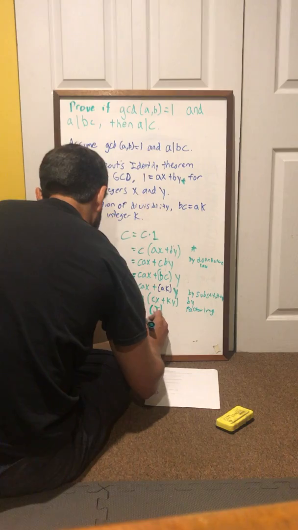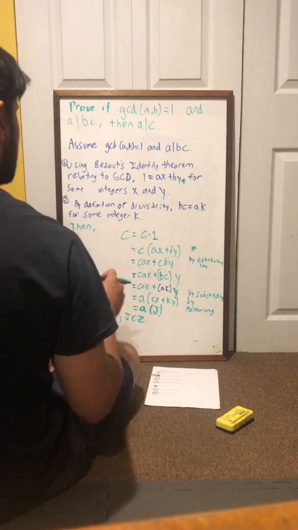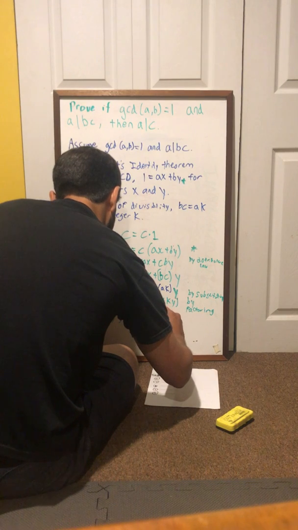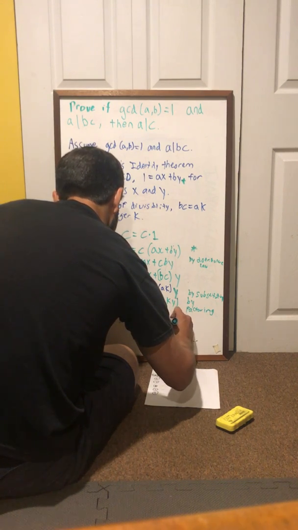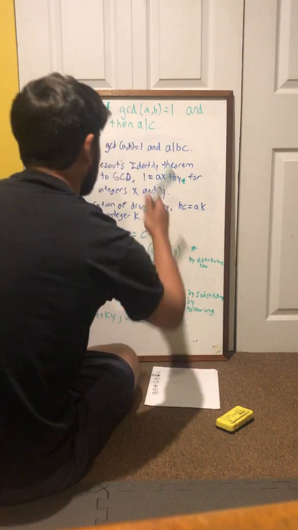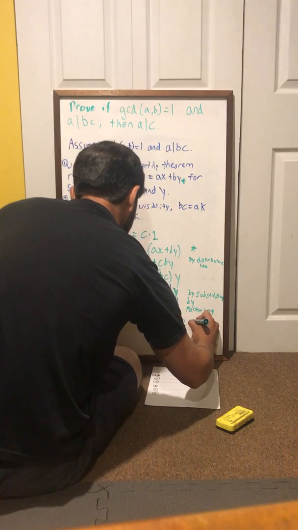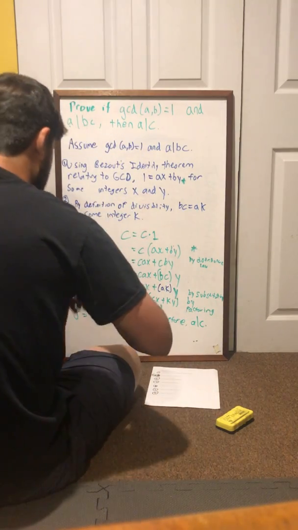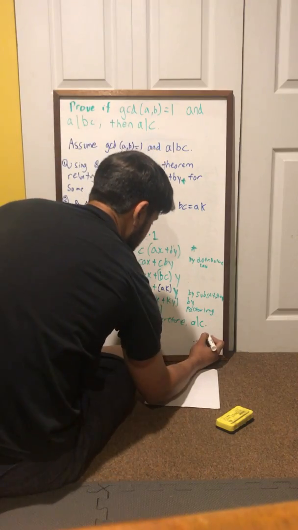Therefore, A divides C, and we're going to put a little box at the bottom saying that our proof is done.